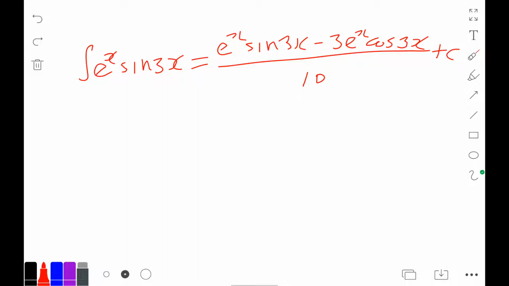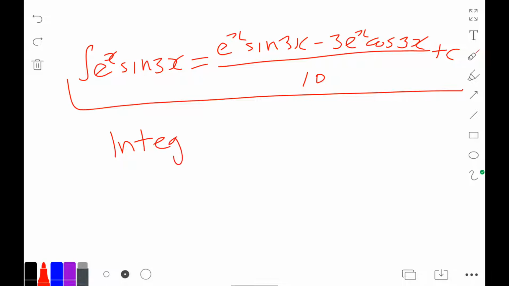So this is the final answer for question 4.1.1. So it's very simple. Remember, you use integration by parts.